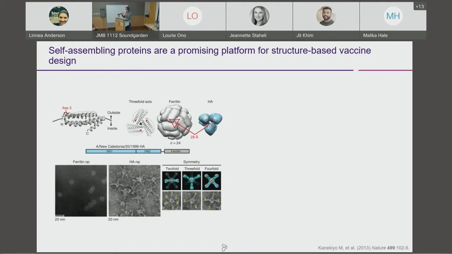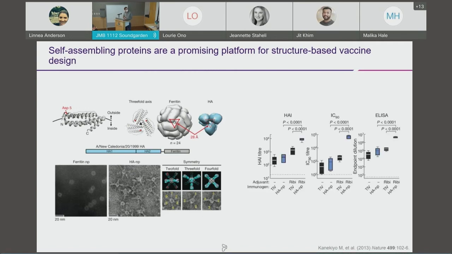So these tend to be very regular, very monodisperse, which from a manufacturing perspective is very advantageous. And so on the right are just 3 serological measures that show that the nanoparticle vaccine significantly outperforms a commercial seasonal flu vaccine.